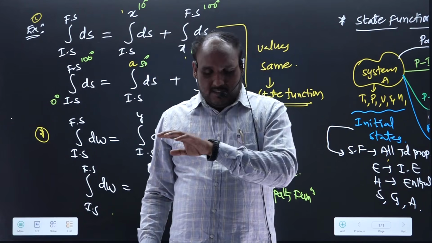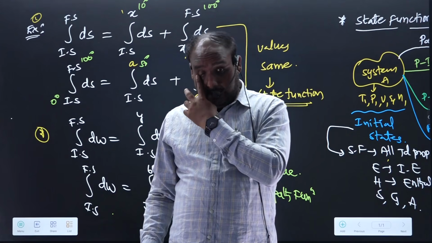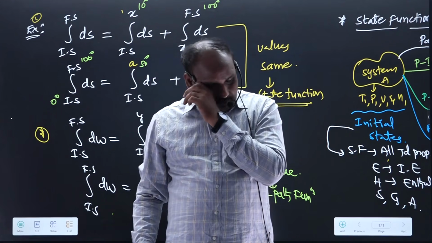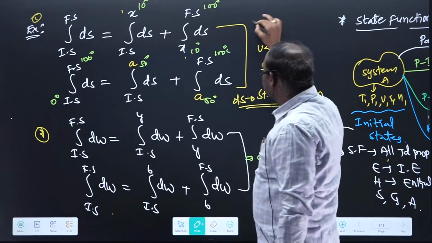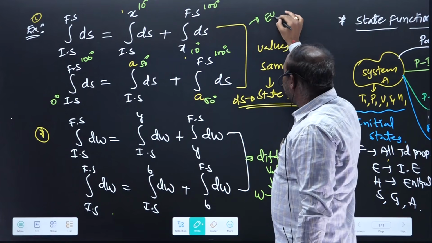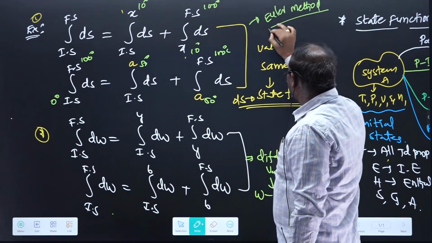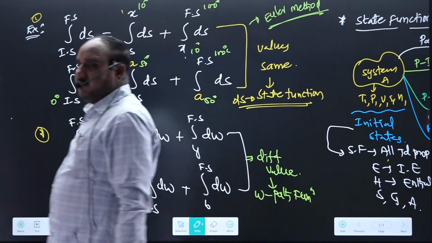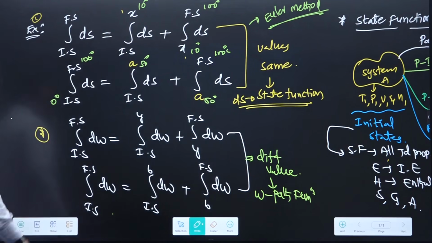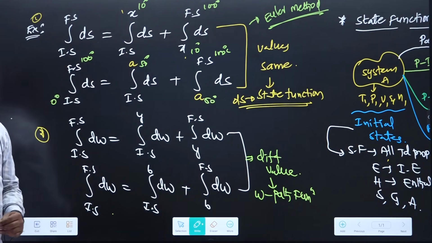Even shall we discuss one more topic? This method is known as Euler's method. Just mention here, this is the Euler method. With the help of Euler method we have to explain state functions and path functions. This integral part we have to utilize is based on Euler's method only.